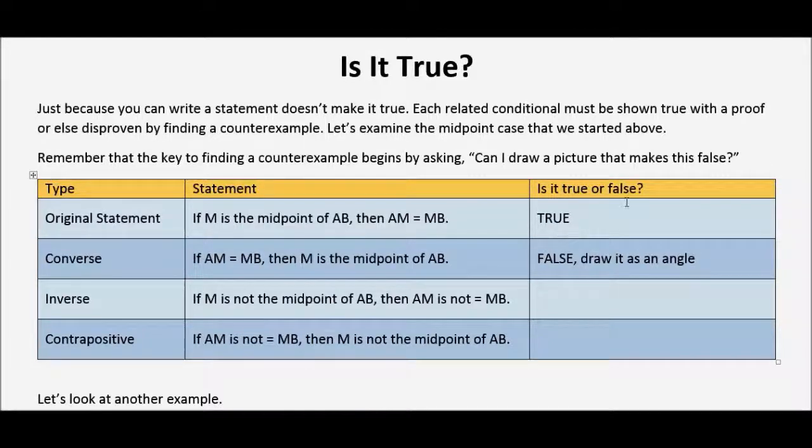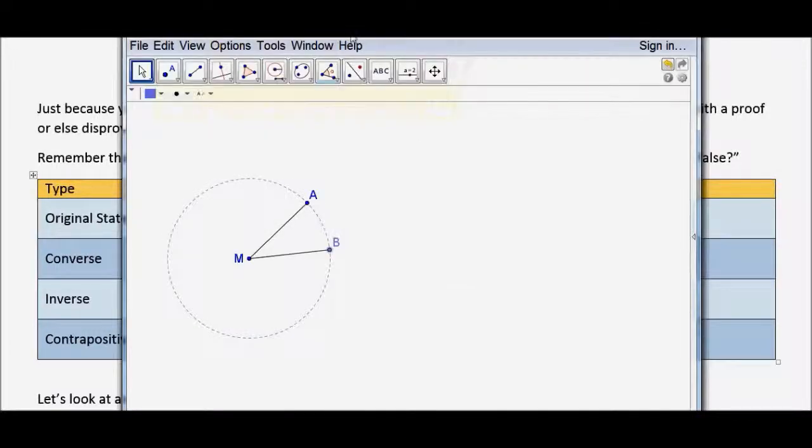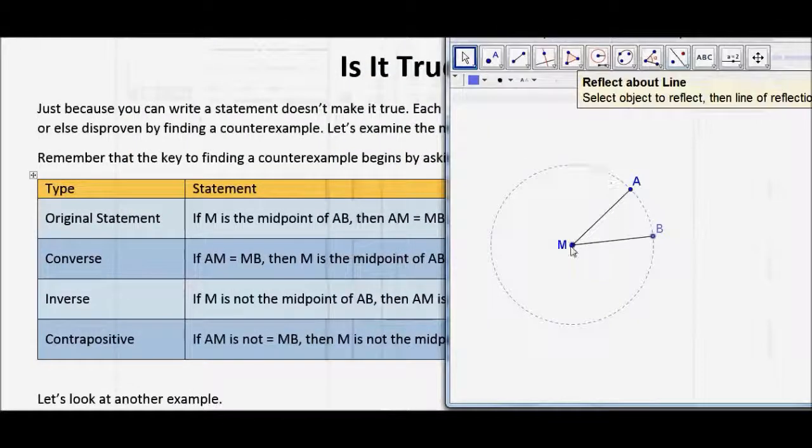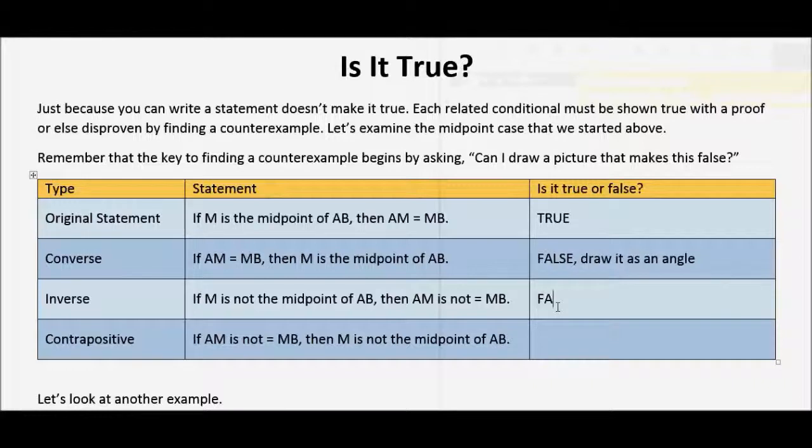This same drawing fits. In this particular case, M is not the midpoint and AM is equal to MB. So since this drawing invalidates the conclusion of the inverse, that means the inverse is false too. False, same as the converse. The same counterexample works for the converse as it does for the inverse.